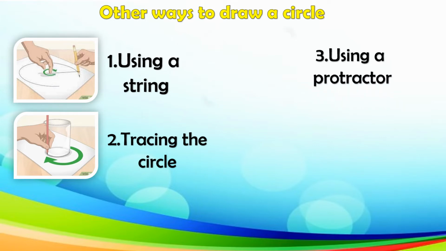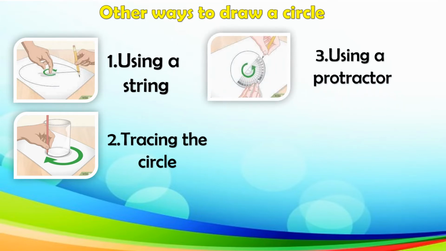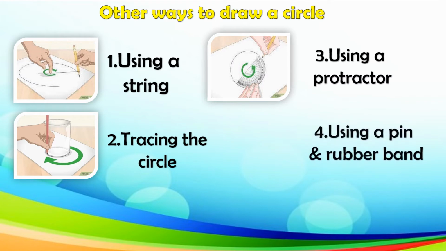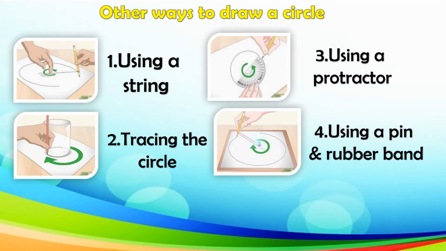Another is using a protractor. Yung protractor is half of a circle, so maaari natin siyang gamitin para makabuo tayo ng circle. Another one is using a pin and a rubber band. Maaari natin gamitin yung push pin. Isisingit natin yung rubber band and then yung pencil sa kabilang dulo.